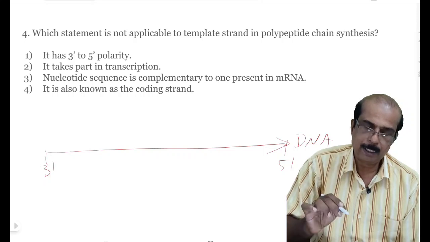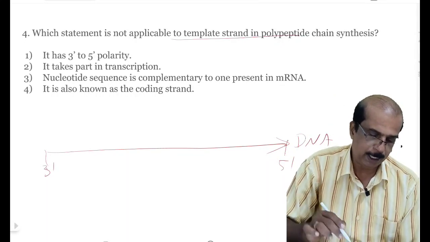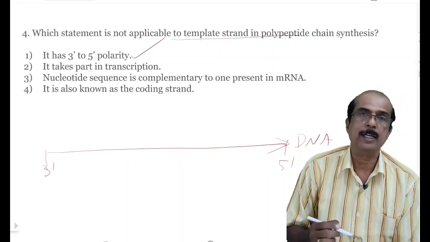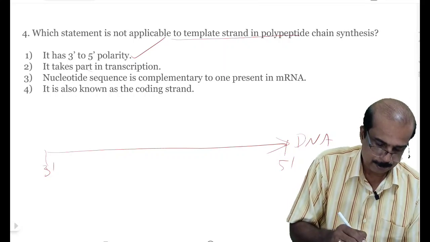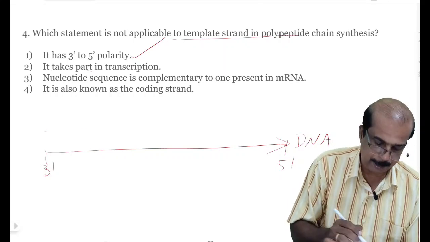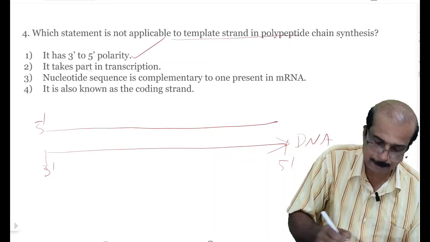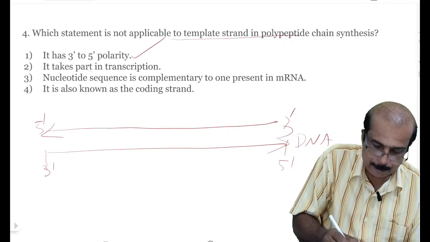The template strand of DNA has 3' to 5' polarity. Option 1 is correct. It takes part in transcription. The other strand runs in 5', 3' direction. It is called a coding strand.